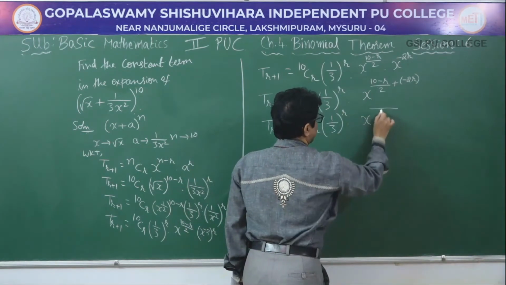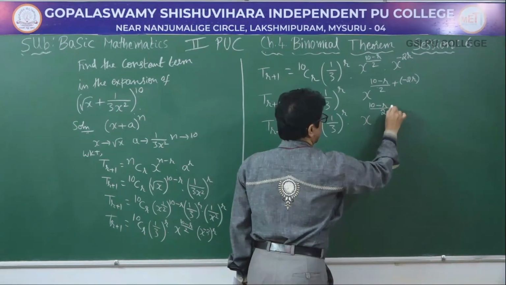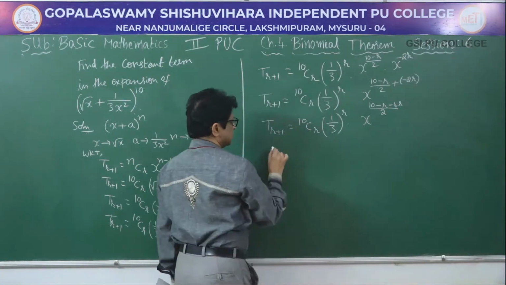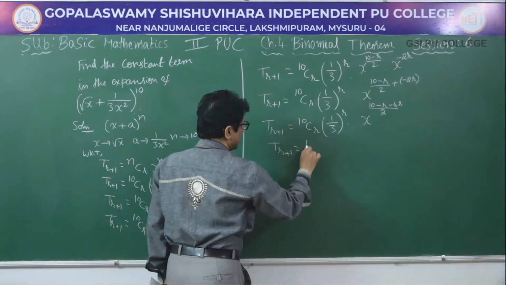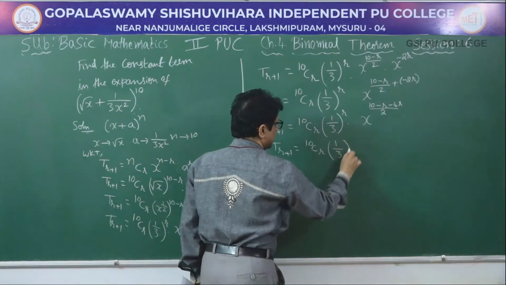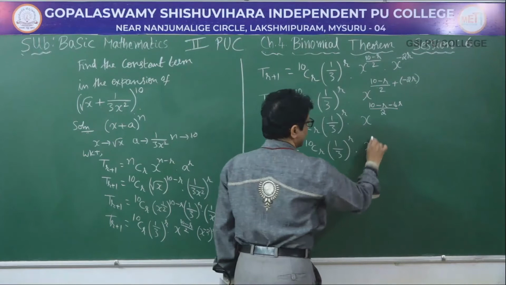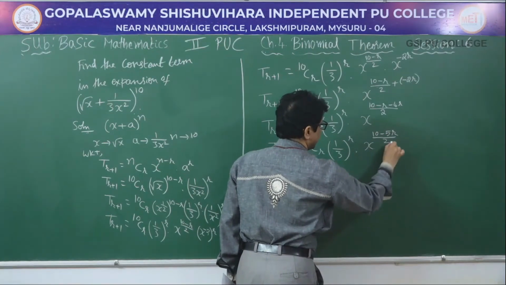In the power we take 2 as the LCM. So, we get 10 minus r minus 4r. That is, T(r+1) is equal to 10Cr into 1 by 3 whole power r into x power 10 minus 5r divided by 2.